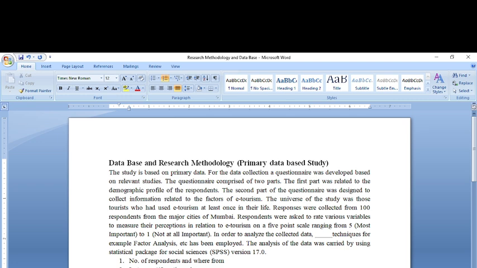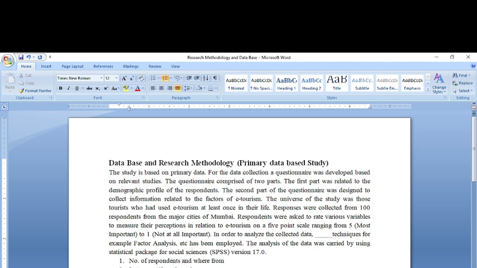Then I also have to mention the respondents and where from, which I've already discussed. Then the scale I've used, whether it is a 5-point scale or say a 7-point scale or a 3-point scale. So whatever you like, you can use it. And the statistical techniques used. And the last one is the software package that you use.